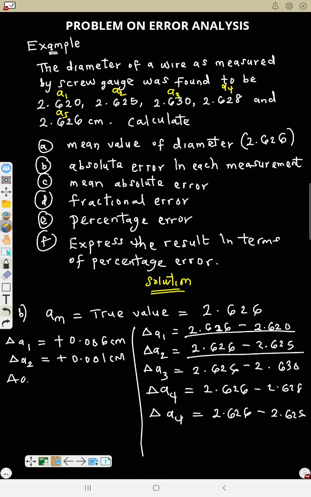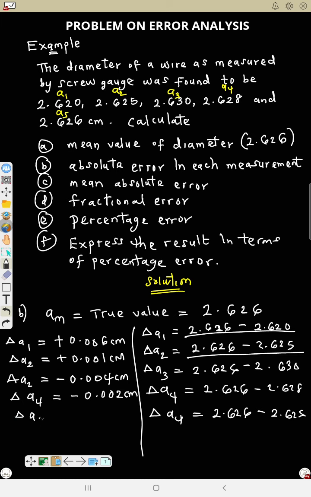Now absolute error in the third measurement, that is minus 0.004 centimeter. Absolute error in the fourth measurement, minus 0.002 centimeter.